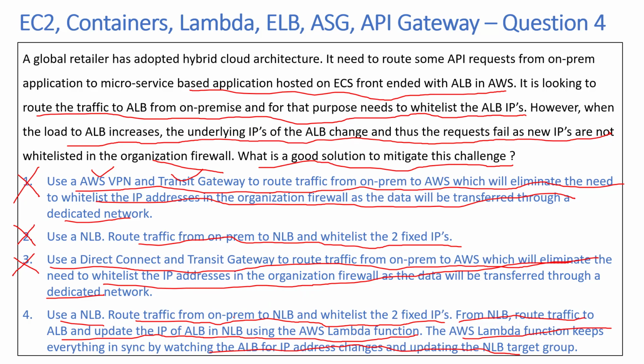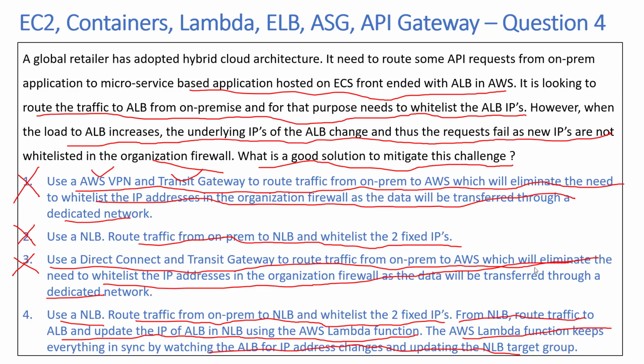So you will route all the traffic to those two fixed IPs, the traffic from the NLB will be routed to the ALB, and the Lambda function would monitor the IP address of the application load balancer. When they change, it will update the target group in the network load balancer.